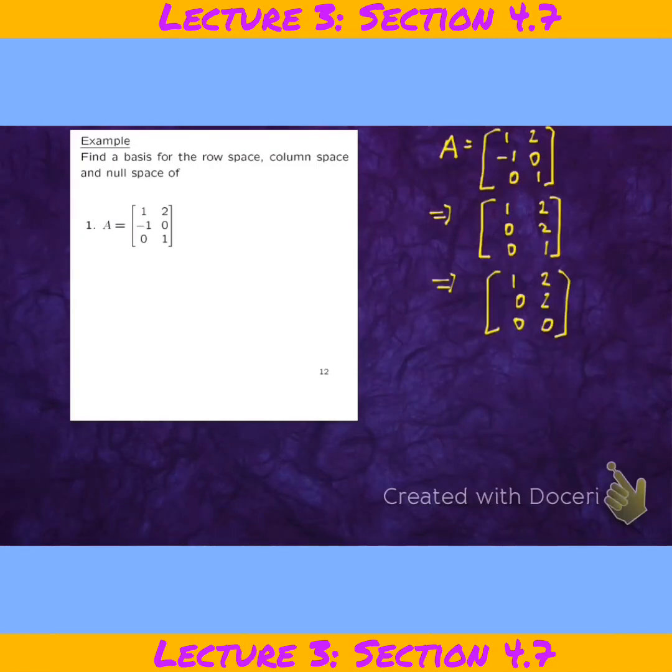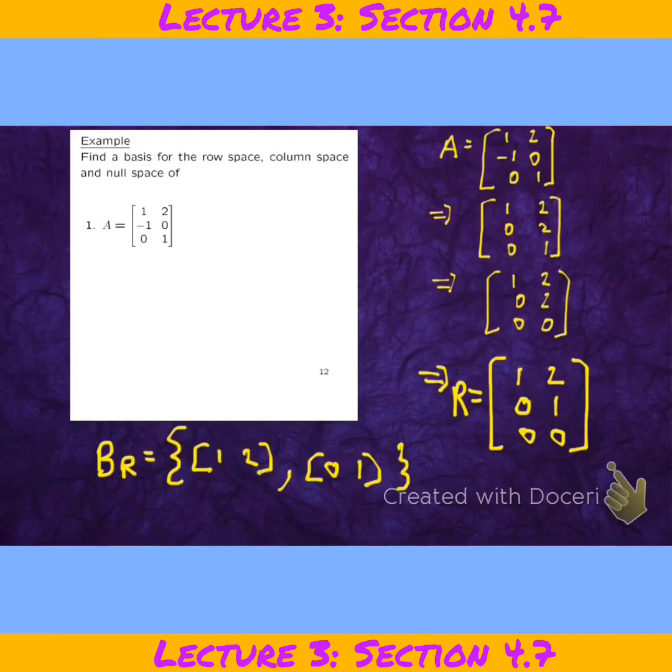Then lastly I'm going to create leading ones and get, there I get the reduced row echelon form of my original matrix A. So now the basis for the row space, BR, is going to be the vectors 1, 2, and 0, 1.